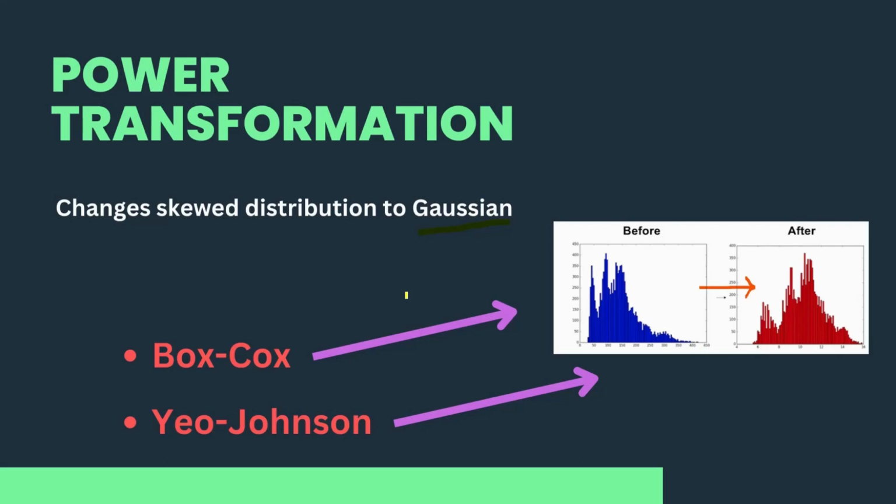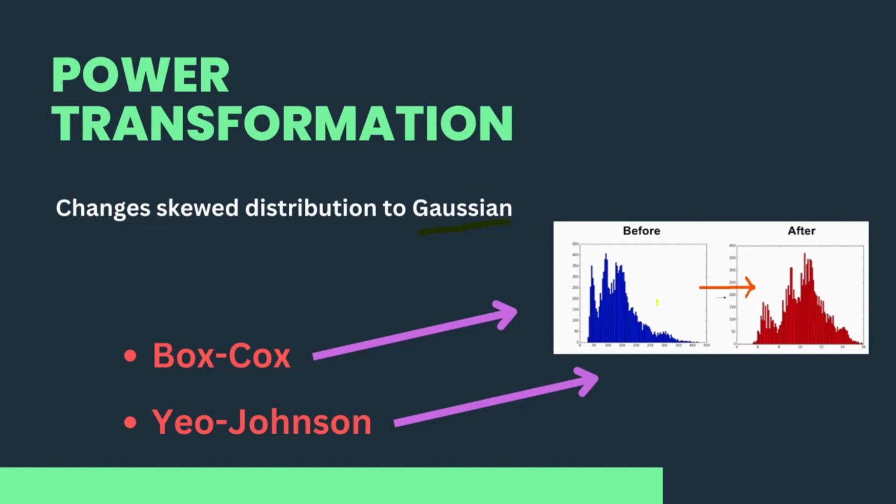So power transformation changes your skewed distribution to Gaussian distribution, and normally there are two techniques of applying the power transformation. One is Box-Cox, the second one is Yeo-Johnson.